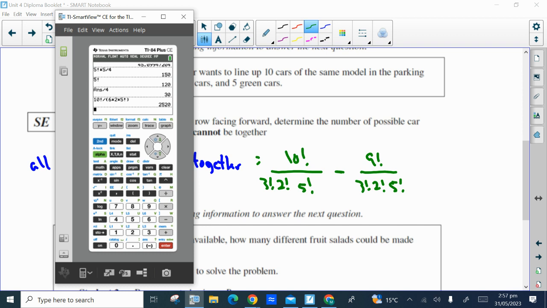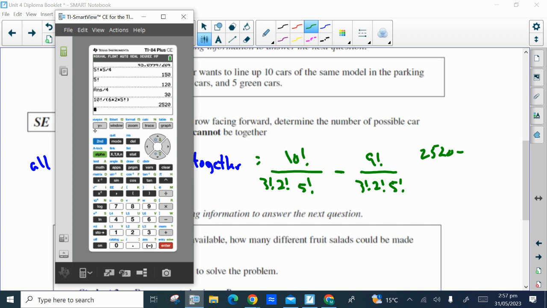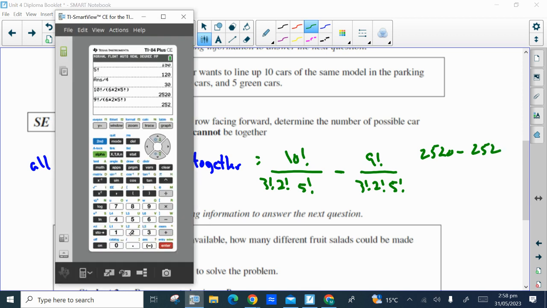So that gives us 2520 minus, so I can just change the 10 factorial to a 9 factorial. And that's 252. So now we'll subtract those. 2268.